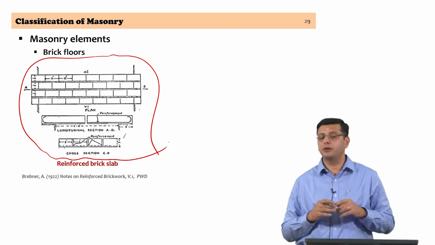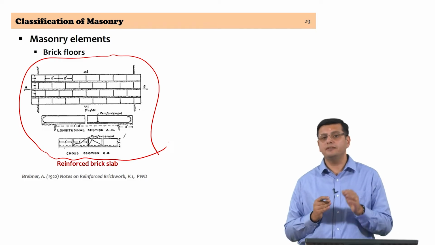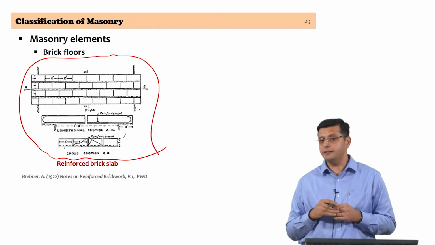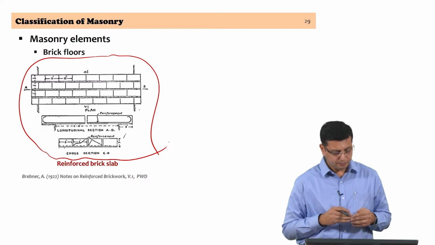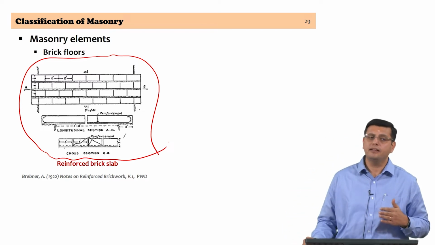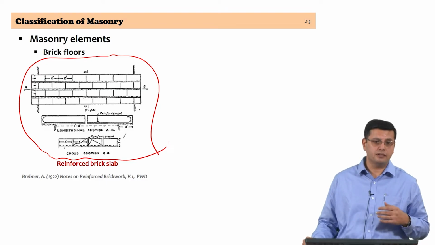Reinforced brickwork for beams and reinforced brickwork for slabs was something that was in use in the early 1900s in this country, in the Indian subcontinent, and gained prominence primarily after poor performance of masonry buildings in some devastating earthquakes across the subcontinent.